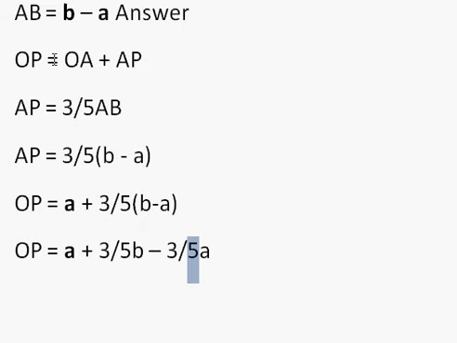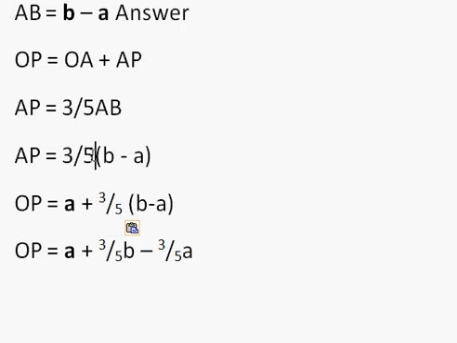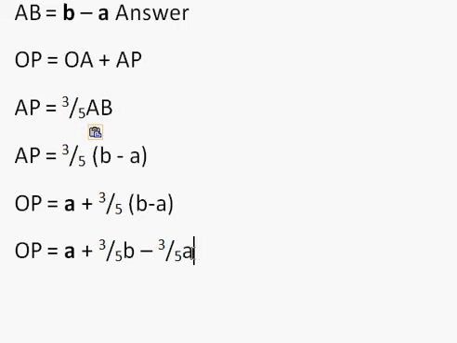Just to make this clearer, I'll make this subscript and this superscript, so you can see that it's 3/5 of a, and I'll do this everywhere, so you know that AB isn't under the line or anything like that.